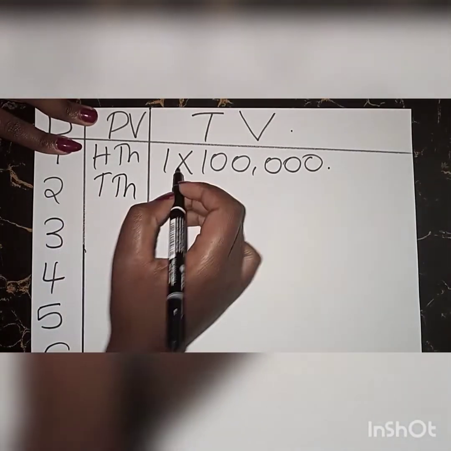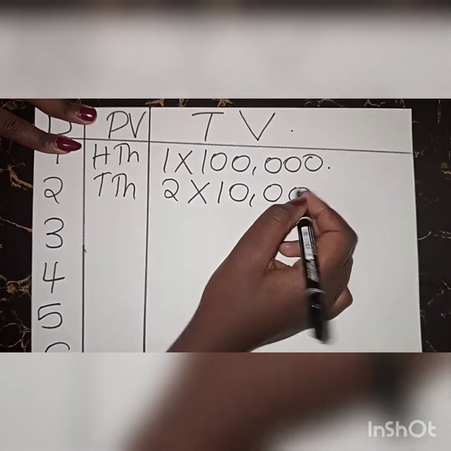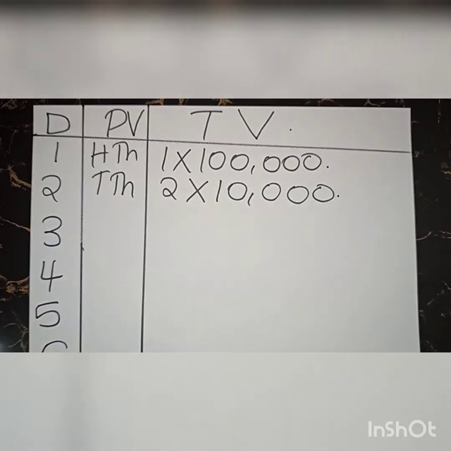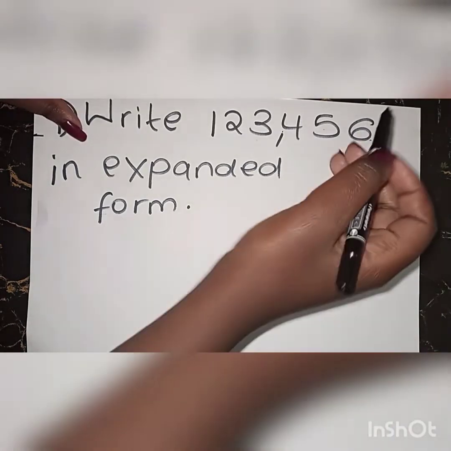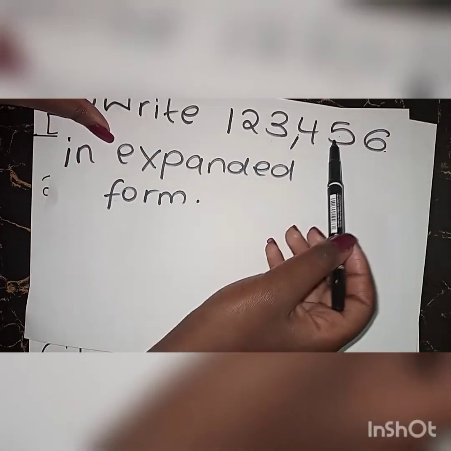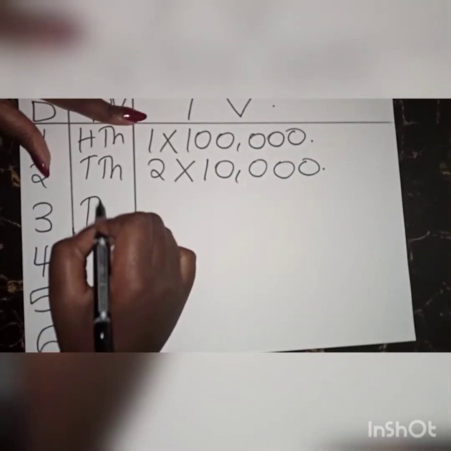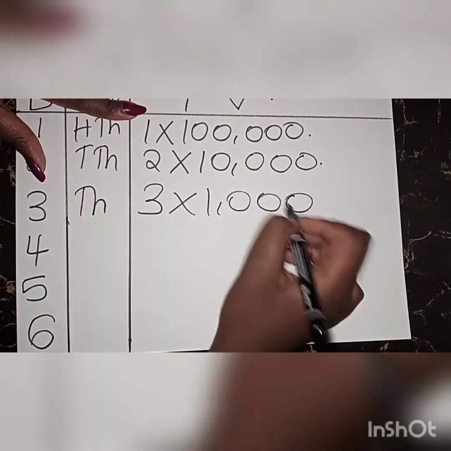So our total value will be derived by multiplying 2 times 10,000. And if you don't remember what we said about total value, I'll leave the link in the description box below. The place value of 3 is 1, tens, hundreds, thousands. So that means that the total value will be derived by multiplying 3 times 1,000.